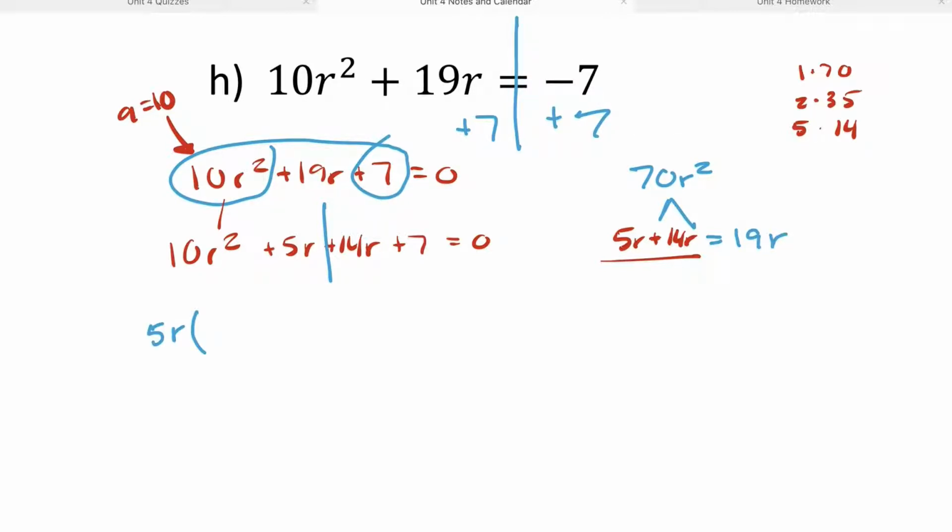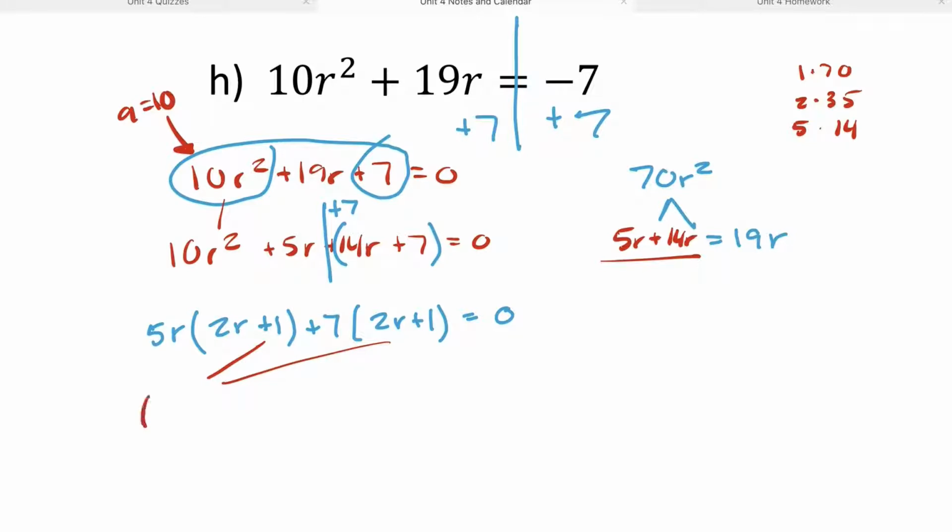And what's left would be 2r plus 1. And on the other side, the greatest common factor would be 7. So we could take out a positive 7. What would be left would be 2r plus 1. So we know that we did that right because what's in the parentheses is the same. We factor out the greatest common factor, which is 2r plus 1, and everything else would go in another parenthesis. So 5r plus 7 equals 0.